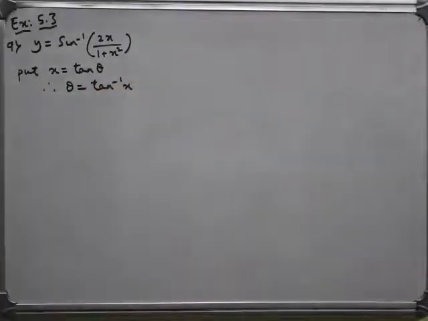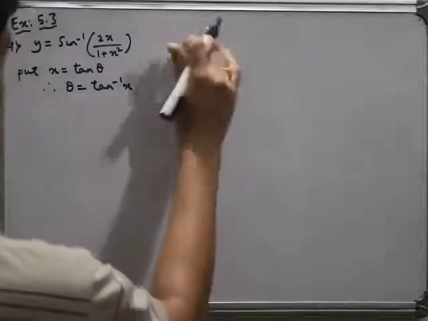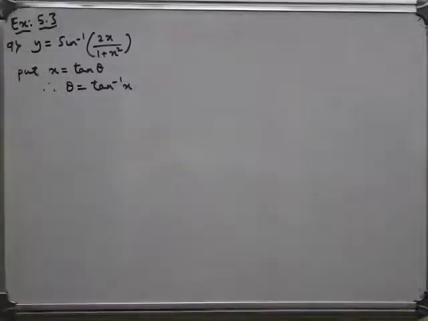So why did I take x equal to tan theta? Why not other trigonometric functions? So there is a formula: sin 2 theta can be written as 2 tan theta divided by 1 plus tan square theta. So there is a rule in inverse trigonometry.